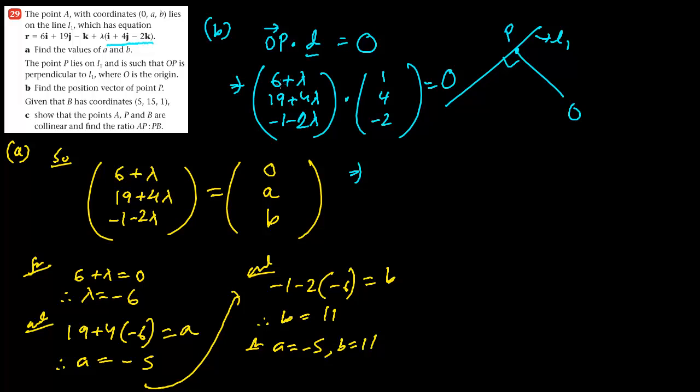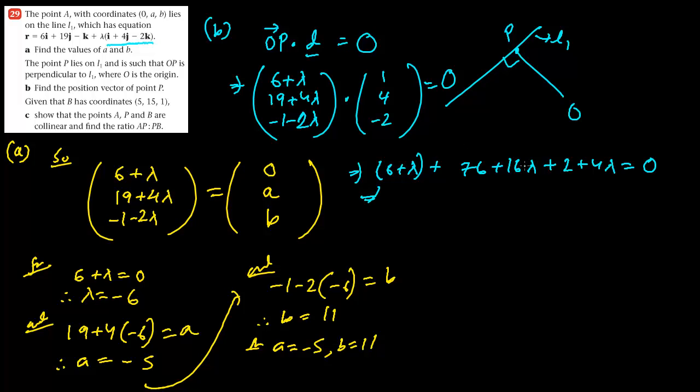That means coefficient of i times coefficient of i: 6 plus lambda into 1, plus 19 plus 4 lambda into 4. So 19 into 4 is 76, plus 16 lambda. Minus 2 into minus 1 is plus 2. Minus 2 into minus 2 is plus 4 lambda, equals 0.